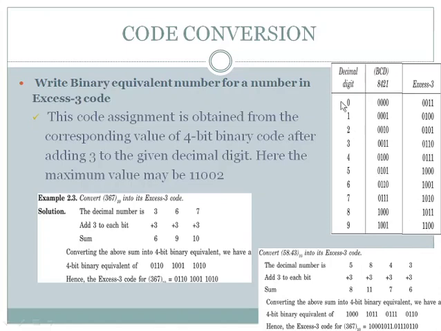In this way we get the XS3 codes for all 10 decimal digits. Simply add 3 to the decimal digit for which we want the XS3 code, and for the result write the 4-bit binary equivalent, and that becomes the XS3 code for the corresponding decimal digit.